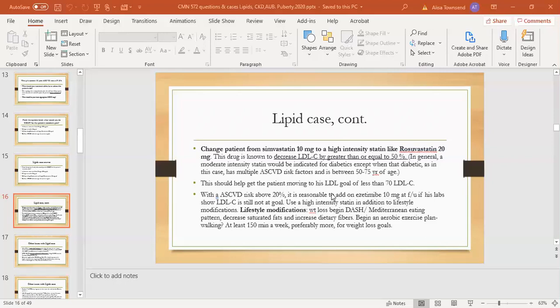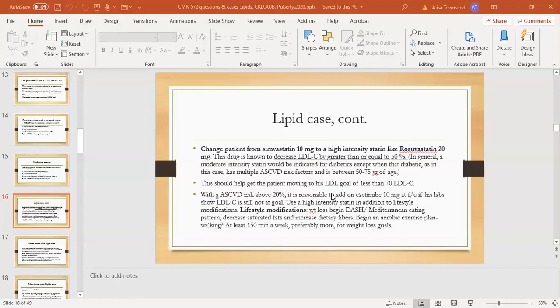This should help this patient move to his LDL goal of less than 70. With an ASCVD risk above 20, it is reasonable to add ezetimibe 10 milligrams at follow-up if his labs show LDL-C is still not at goal.